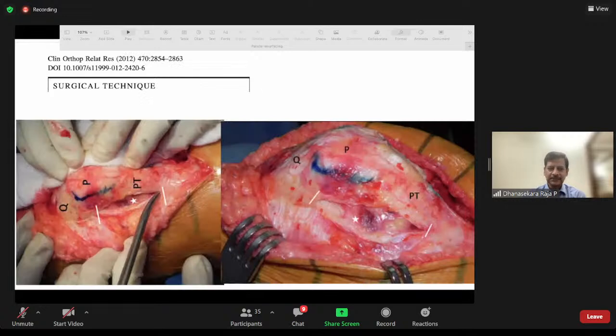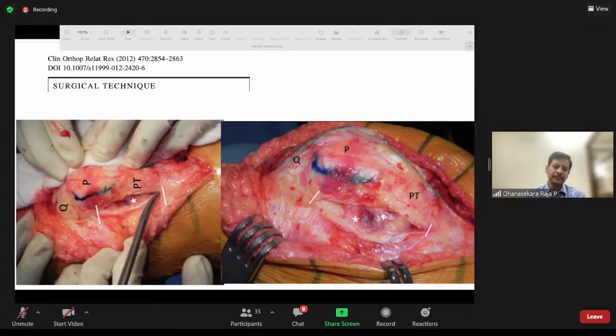So next is the surgical technique to release the lateral retinaculum. Basically, there are two techniques: the inside-out technique, where you do it through the joint, and the outside-in technique described by Rajesh Mania. We divide the length of the lateral retinaculum into three parts: the infrapatellar area, lateral to the patella, and the suprapatellar area. For minor maltracking, we need to release only the infrapatellar area, which is called grade 1 release.